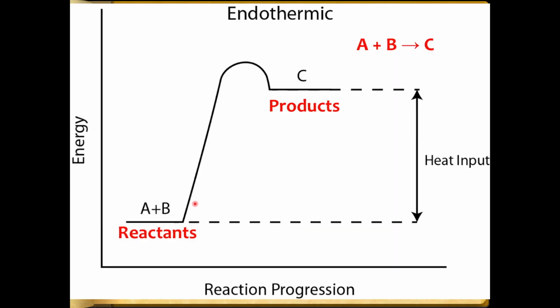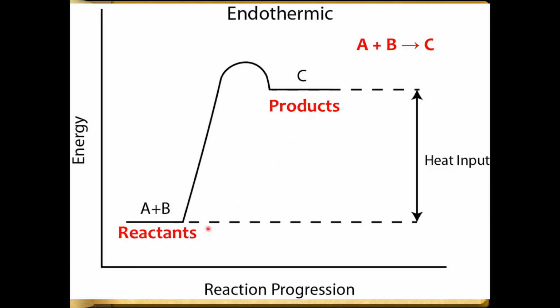Now, endothermic reactions, the energy profile is backwards. So we have energy on the y-axis and the reaction progression on the x-axis. So as the reactants are mixed, the reaction starts, it overcomes the activation energy, and then ends up as the products here.